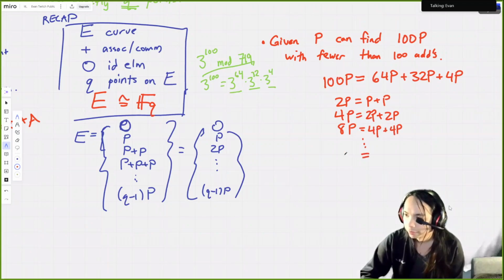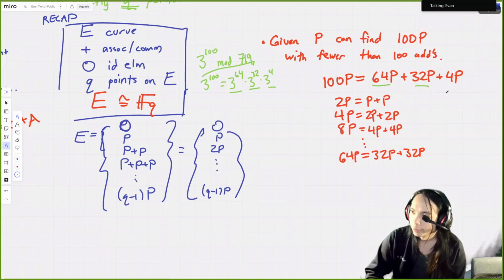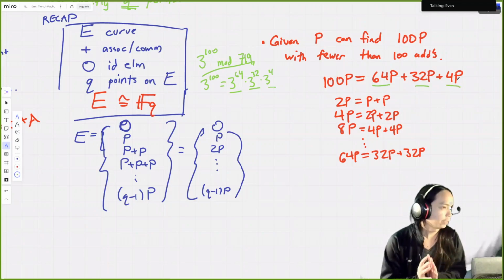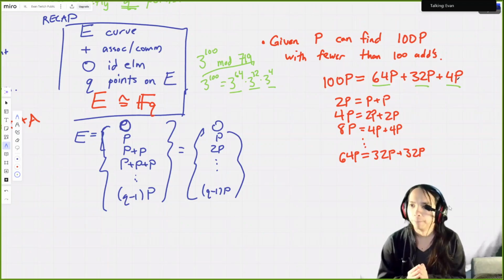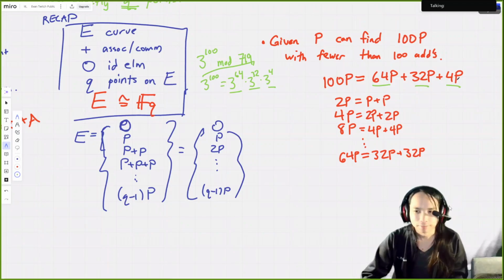All the way down to 64P, which is 32P plus 32P. And now I have all of these. So as promised, by only doing the addition operation 8 times, I can get the value of 100P. So 8 is a lot smaller than 100.